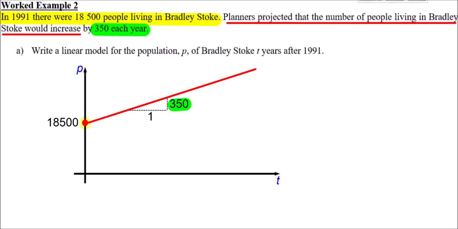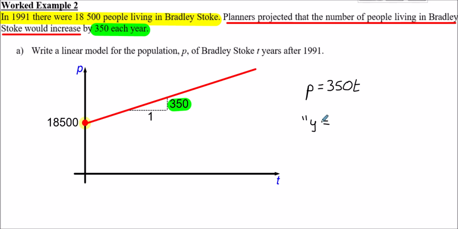So we can now formulate a relationship for this population of Bradley Stoke. So P, the population, link it back to y equals mx plus c again. So we need the gradient, which is 350, so it's going to be 350t. So y, if you like. So liken it to y equals mx plus c. You don't need to write this down in an exam.